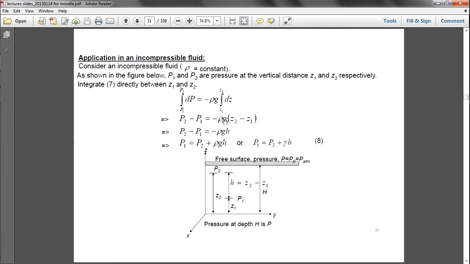So minus rho g, z2 minus z1 is actually h, the difference. So you can say that p2 minus p1 equals minus rho g h. The h is the difference between a certain point and another point. Just to repeat, h is the difference between one point and another point.